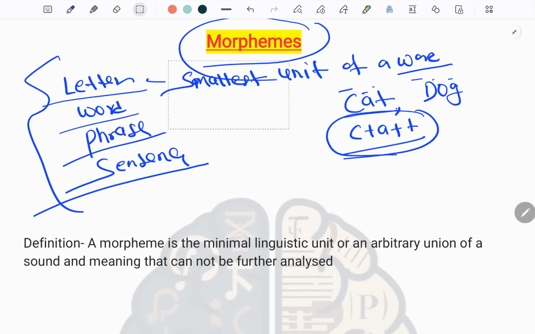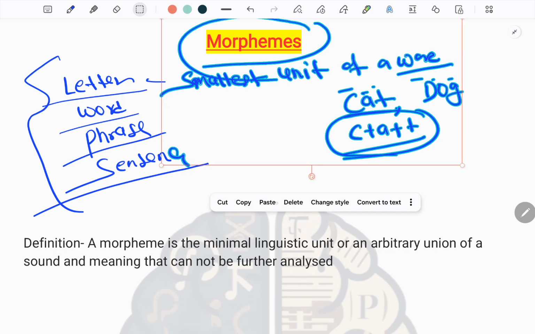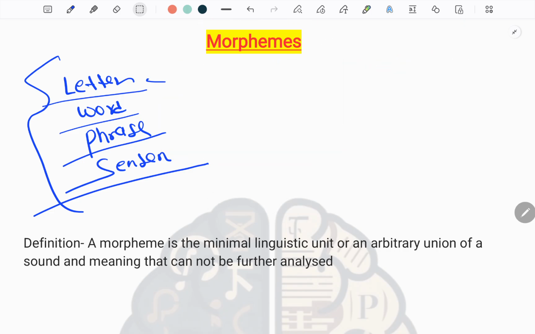Next, what is a word? Word means a group of letters or a group of sound segments that gives a meaningful unit.